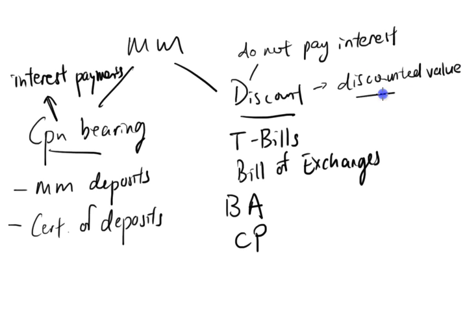And this discounted value is equivalent to the interest paid to the investor, and the amount is the difference between the price of the instrument at purchase and that at maturity. We'll first discuss the coupon bearing instruments.